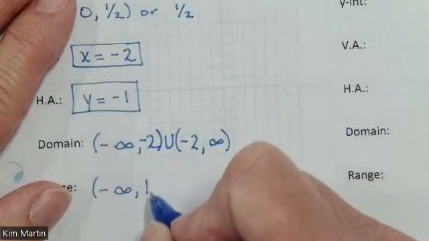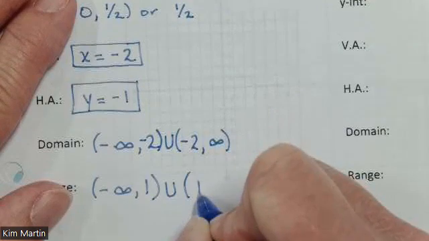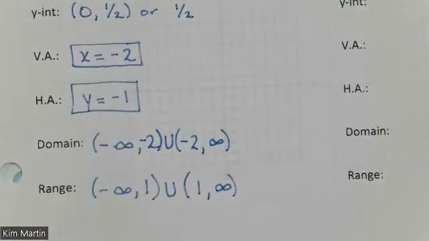If you're taking something out, it'll always be parentheses. 1 to infinity. Remember, if you're taking things out, domain and range are parentheses. It's a very common mistake to use brackets, but I think now people won't use them.